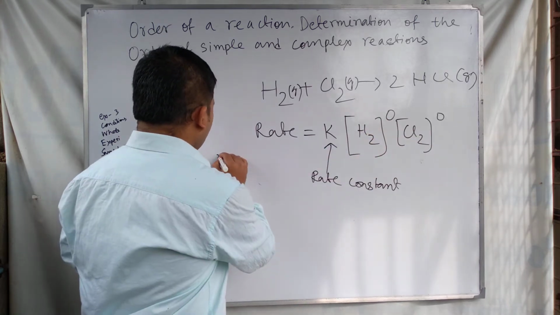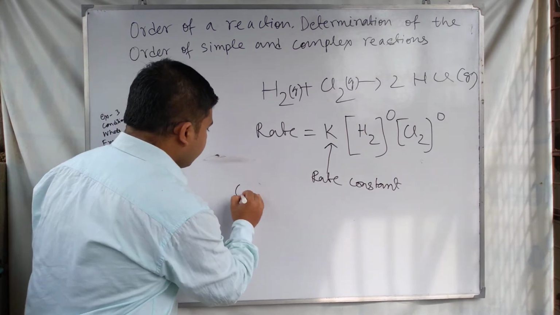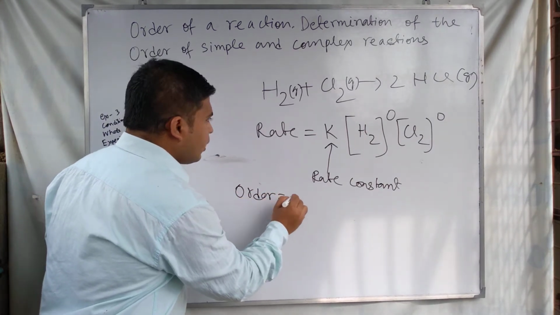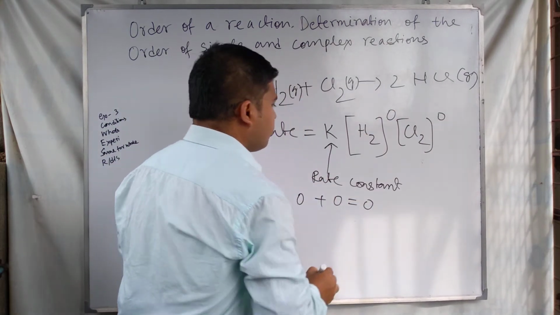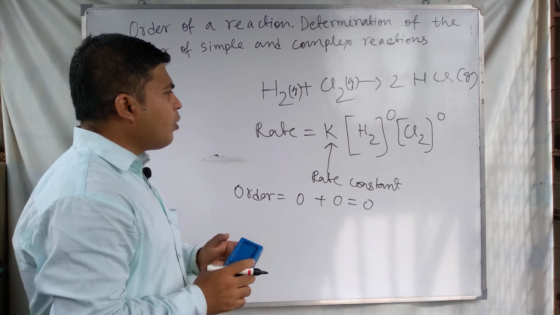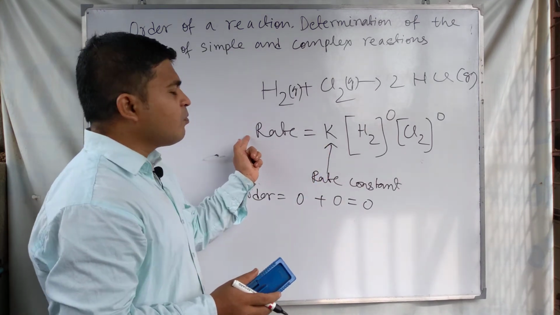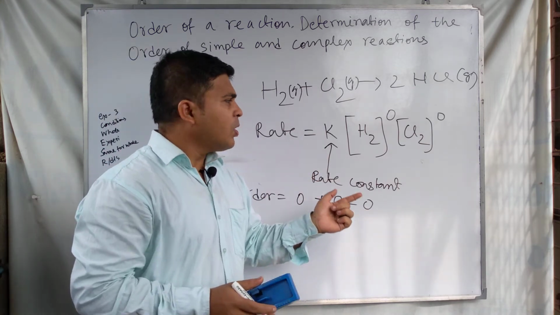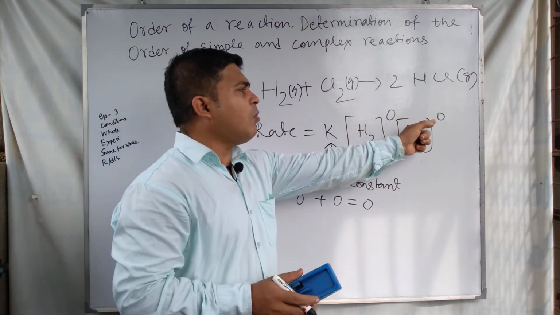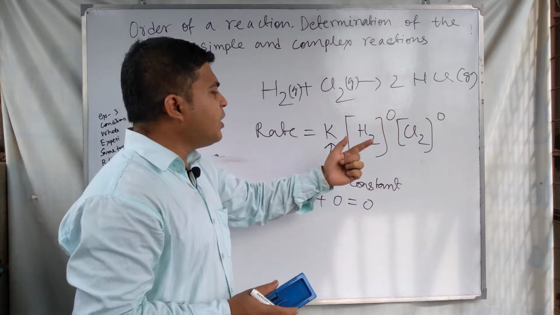In this case, the order n equals 0 plus 0, which is 0. So for any type of reaction, if we know the rate equation, then we can find the order of the reaction by summing the powers of the molar concentration terms of the reactants.